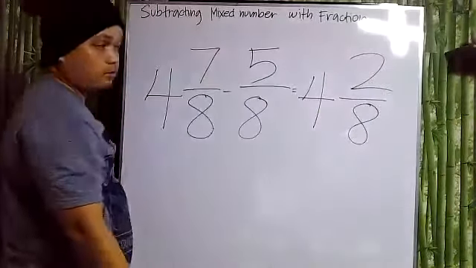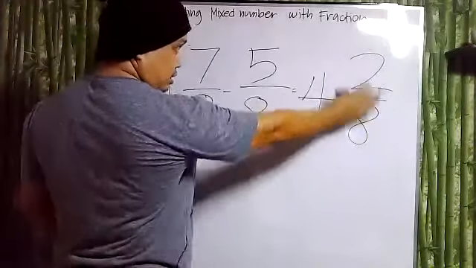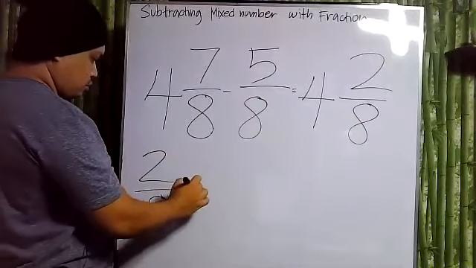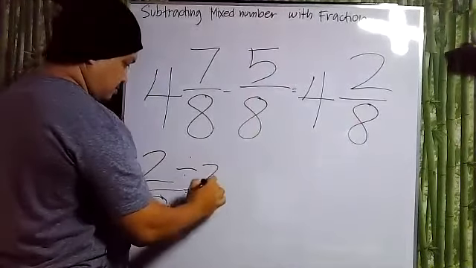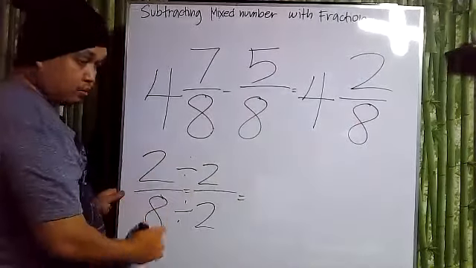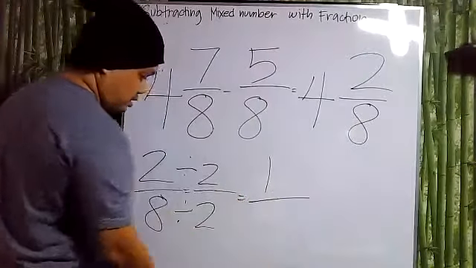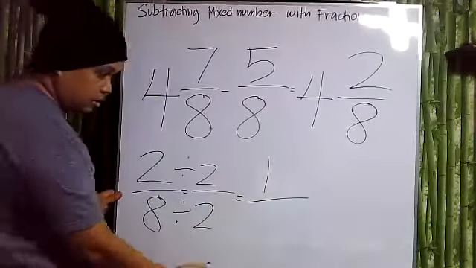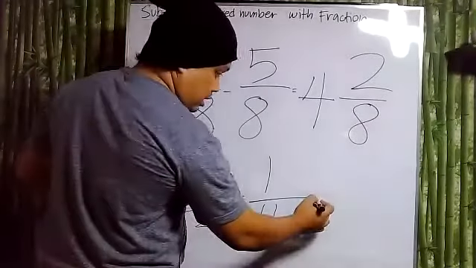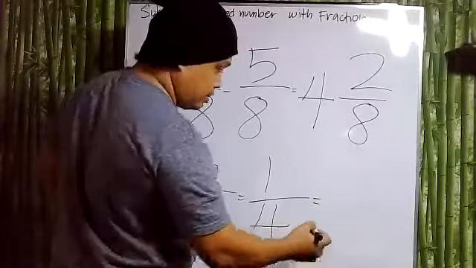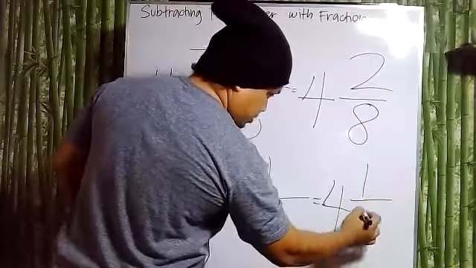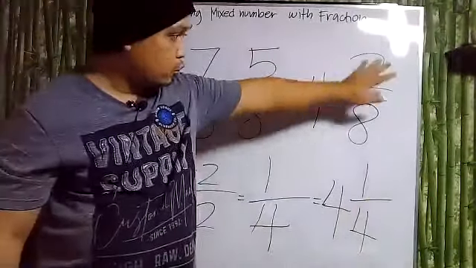So 4 and 2/8. Now 2/8 here we can still simplify because we can divide them both by 2. 2 divided by 2 is 1, and 8 divided by 2 is 4. So 1/4 is the lowest term. So our final answer here is 4 and 1/4, because we simplified 2/8.